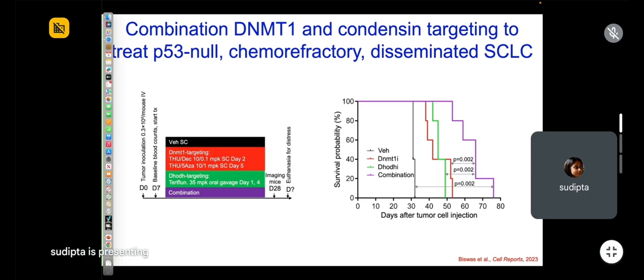And DHODH is an important enzyme in pyrimidine metabolism. So in vivo there is a synthesis. So when I try to compete it out, our body's mechanism will be to increase the pool of the regular deoxycytidine.